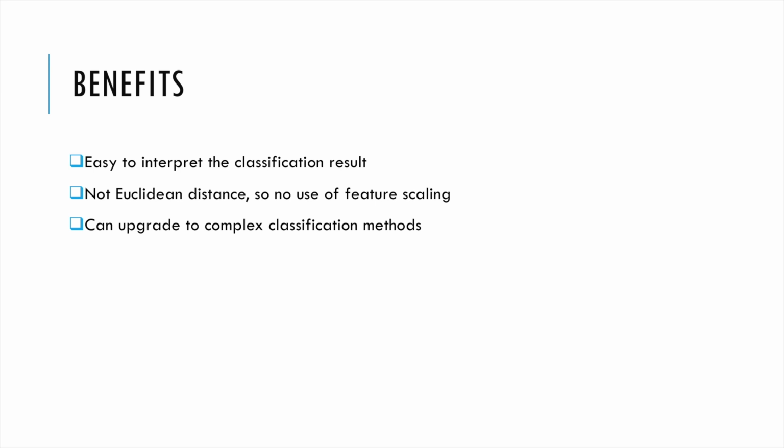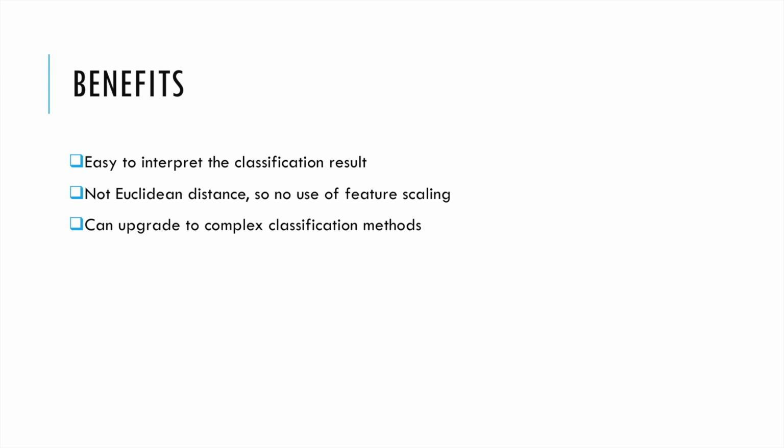Using the decision tree has the following benefits. First, a decision tree is just like how we make decisions every day. We also use decision trees in our real life. So if we use this algorithm, the final result is easy to interpret.